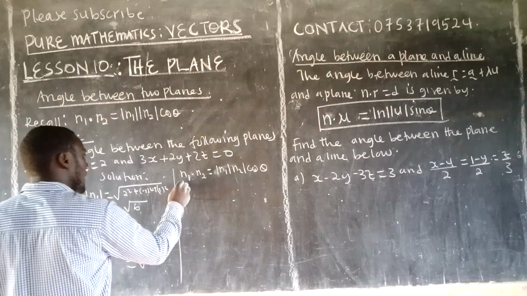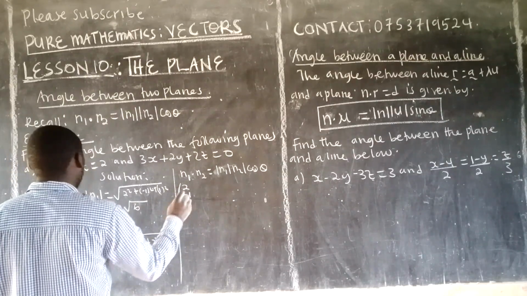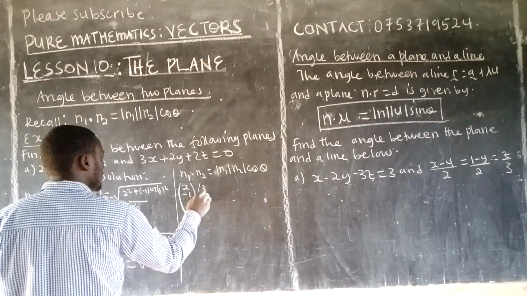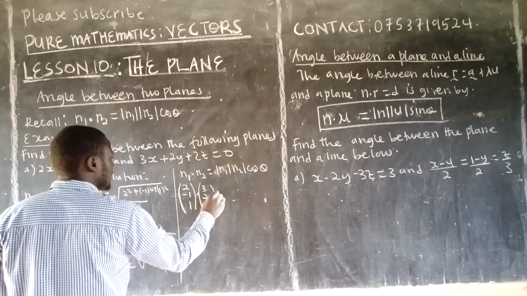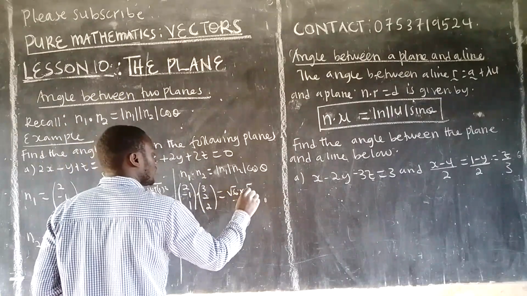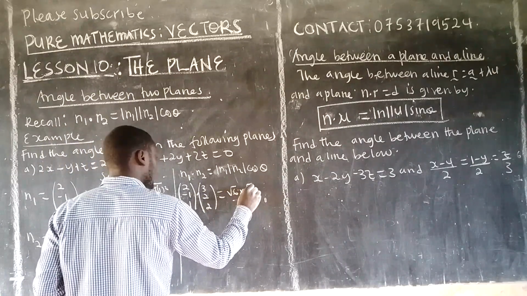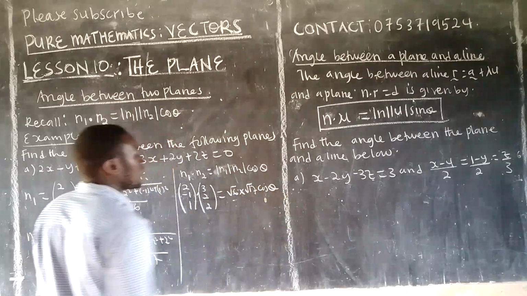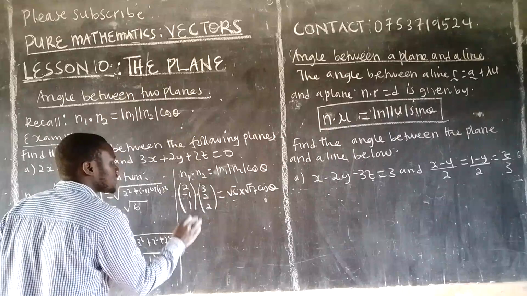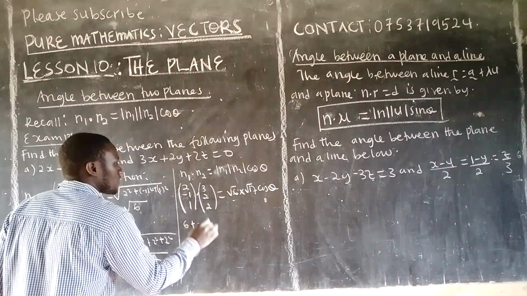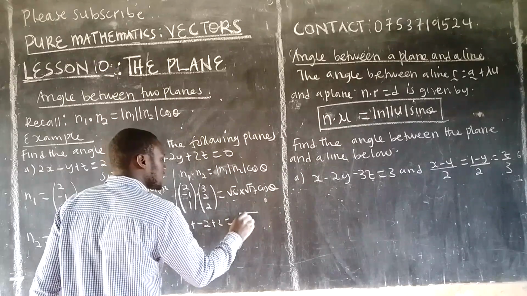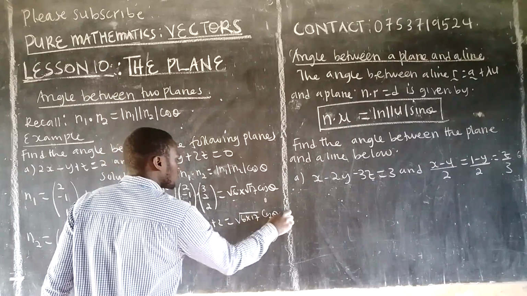Now we put N1 here. N1 is 2, -1, 1, dot N2, which is 3, 2, 2, equals the magnitude of N1, root 6, times root 17, cos theta. Please, here we are dotting, not crossing. Be careful. 2 times 3 is 6, plus, rather minus 2, plus 2, is equal to the square root of 6 times 17, cos theta.